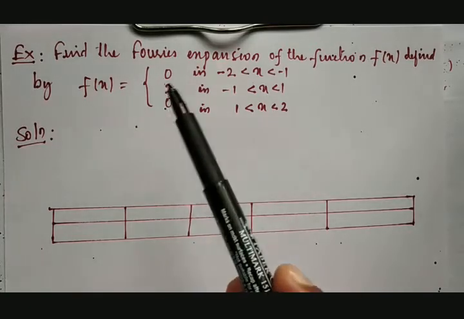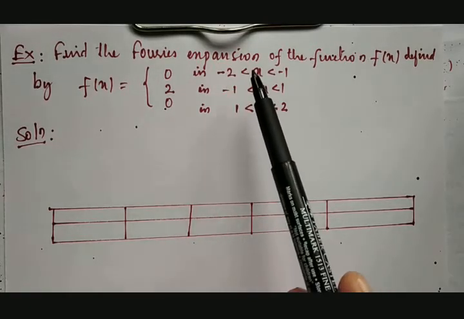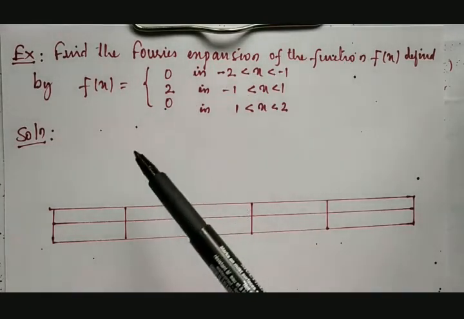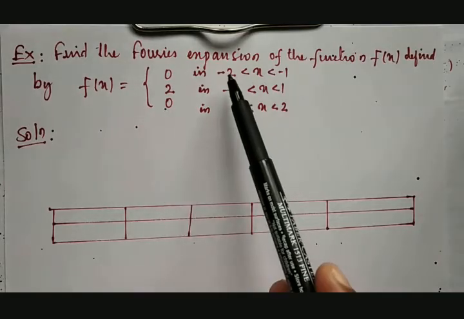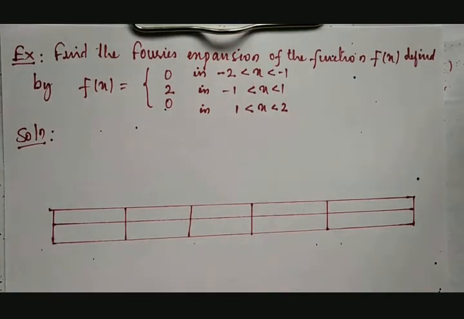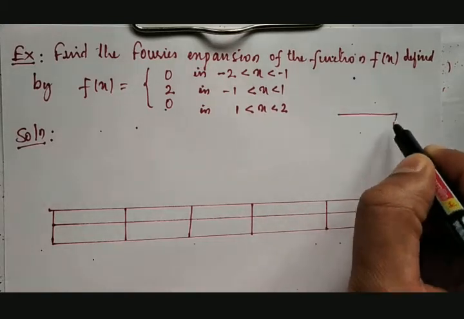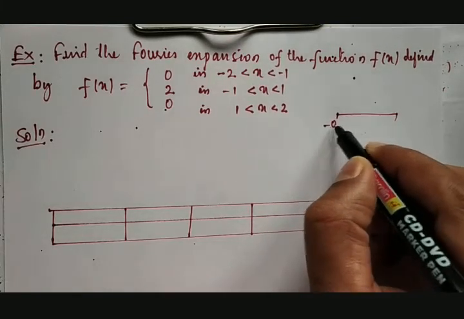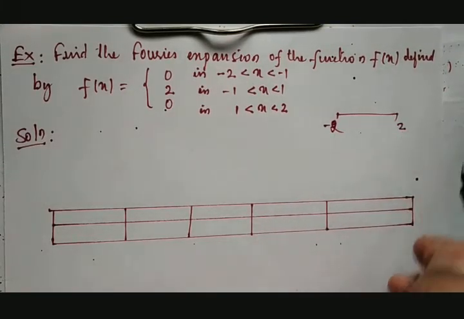Now we are going to discuss a unique example where we are facing a triple valued function spread between -2 to +2. You can see here this function is spread from -2 to +2.